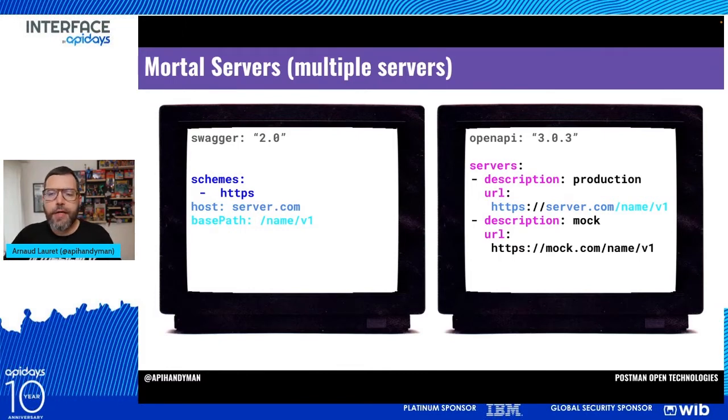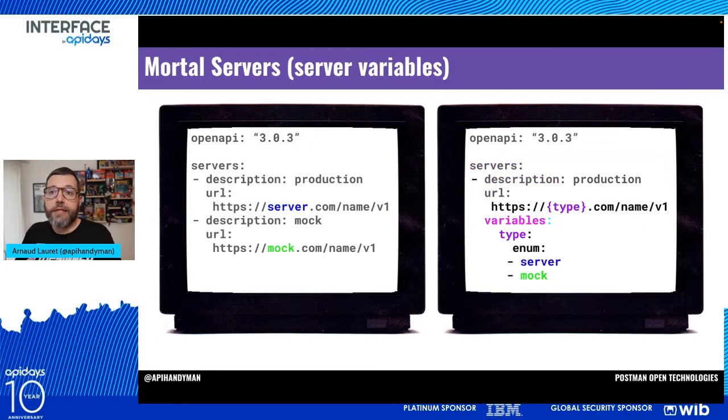Regarding where your API is hosted, in Swagger 2, you had three properties at the root level: schemes, host, and base path, which allow you to define where your API is exposed, but you can define only a single point of exposition. In OpenAPI 3, you can define as many points of exposition as you want, one to many, which is interesting. For example, you could have a production server, a mock server, a qualification server, or whatever.